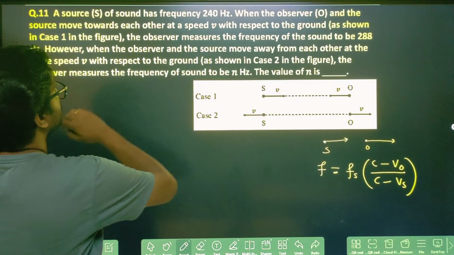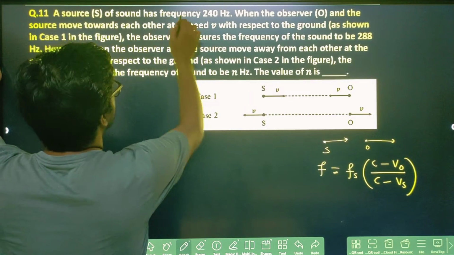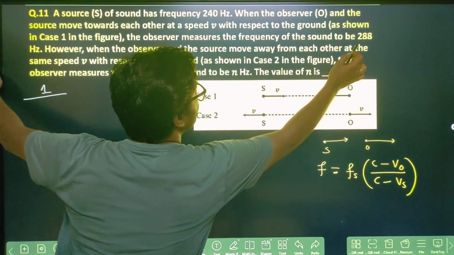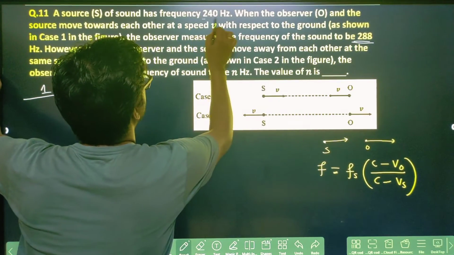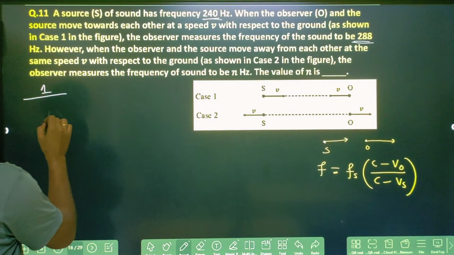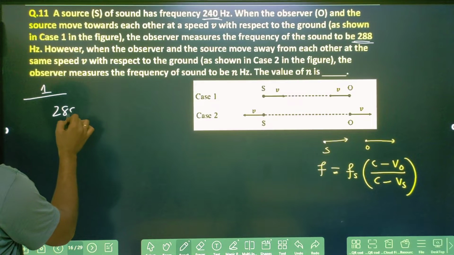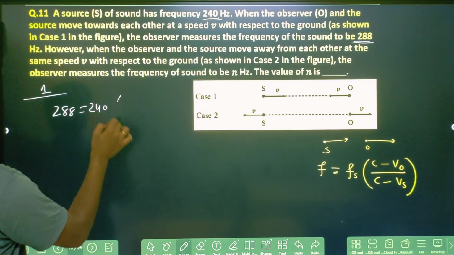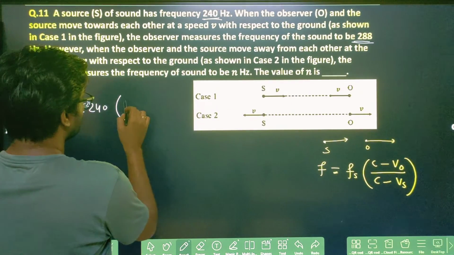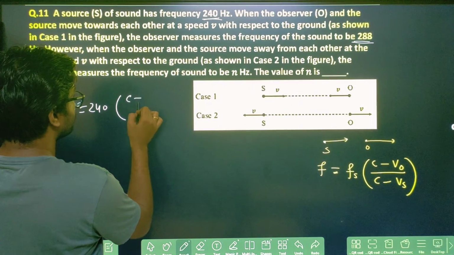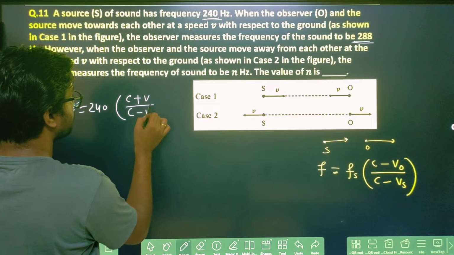Source frequency 240, right? Source 240 and observed they have given 288. This is 240, 288. So you can say that now 288 is equal to 240 into, the observer is changing its direction, so this will be C plus V divided by C minus V.